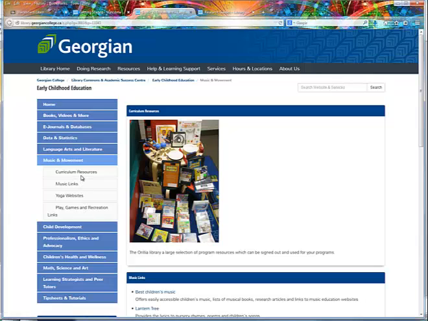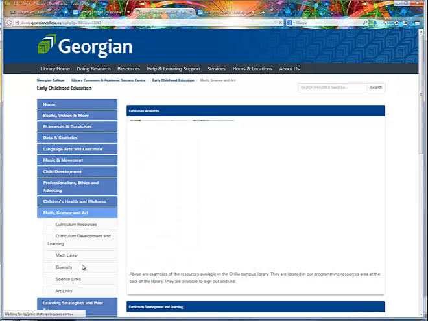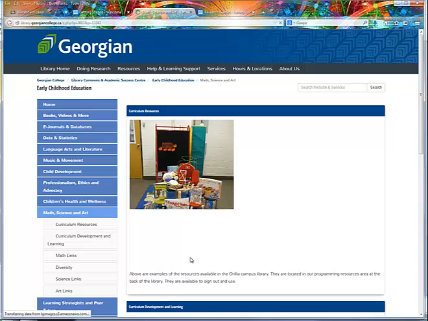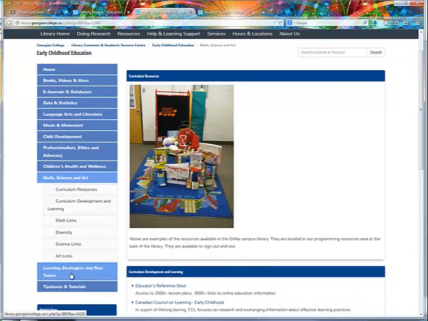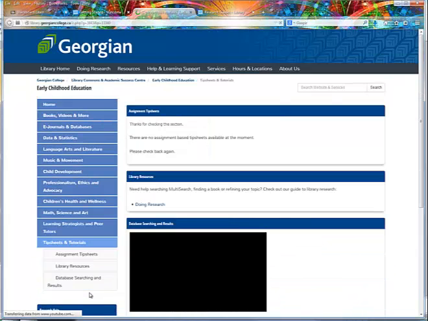So you can work with your faculty librarian to arrange these, but also if this is in your program area, you can look to see what's available, so you know when you're sending your students to the library to find some resources, what they have, and also they're very good resources for yourself. So these are all things that are either available online or in the library at the different campuses.